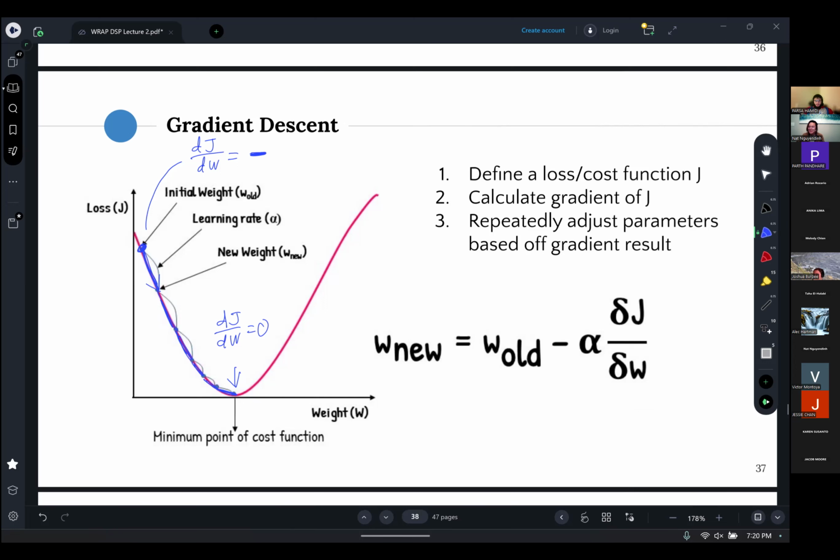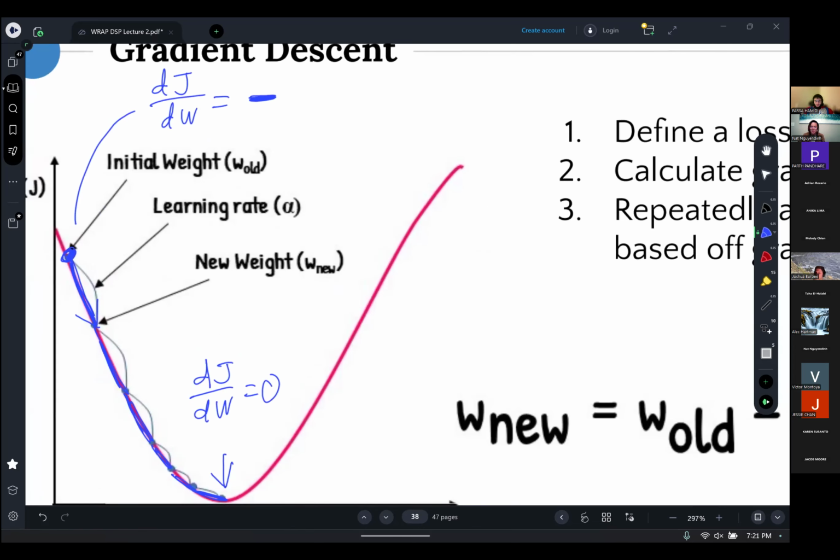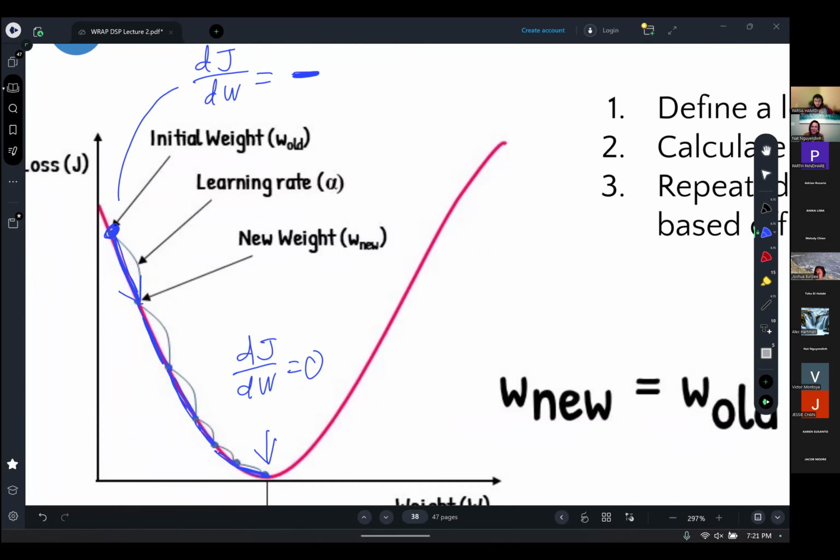In this example I subtract the value I get from the derivative multiplied by some constant factor. In machine learning this constant is often called the learning rate, alpha. It determines how big a step I take. If I had a really big alpha, I could jump all the way to here.